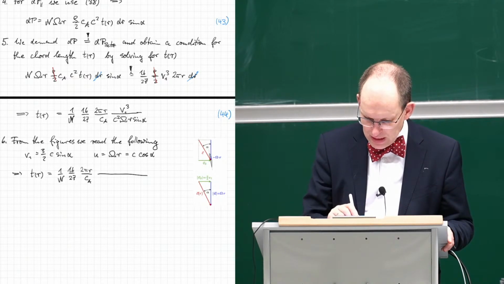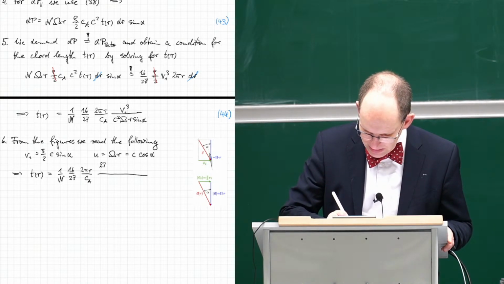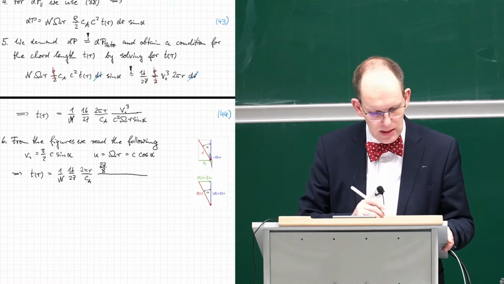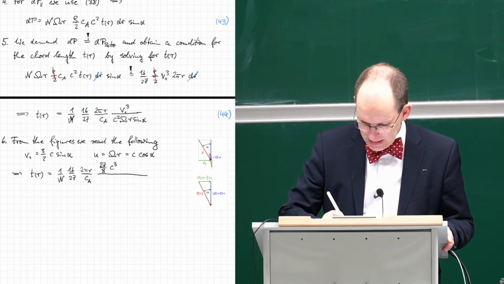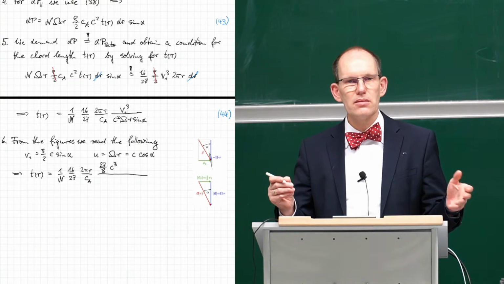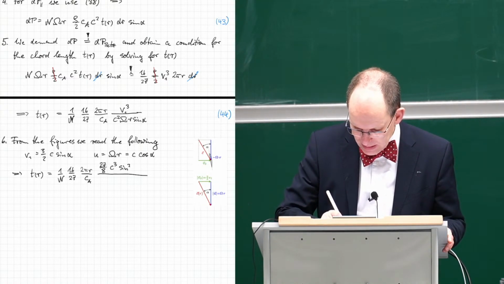So we have the cube of that. So 3 over 2, the cube of that, this is 27 over 8. Then we have c cube, and then we have sinus to the third power, but I write it as sinus squared alpha times sinus alpha.